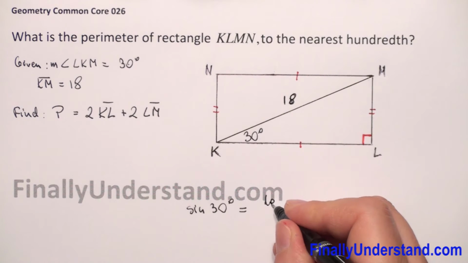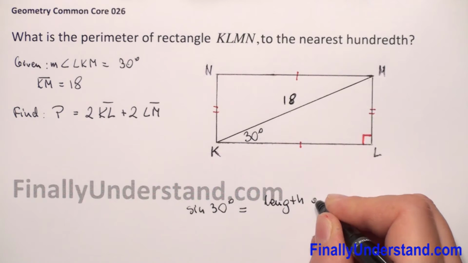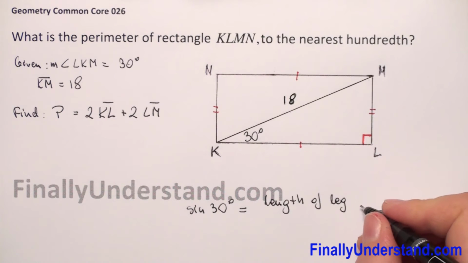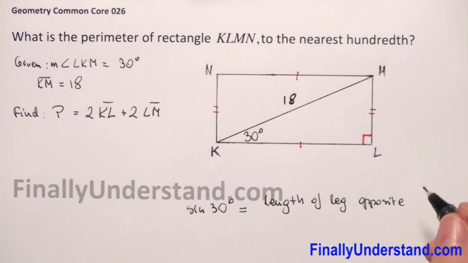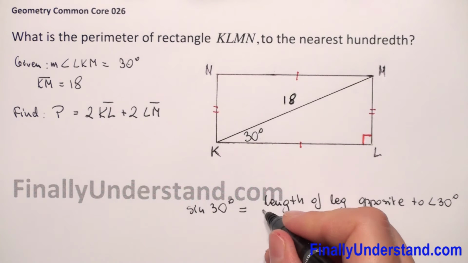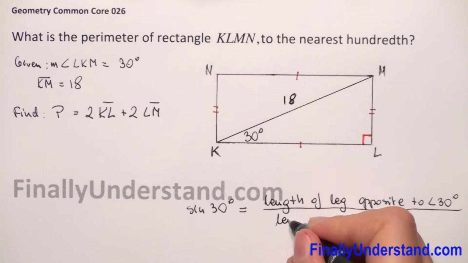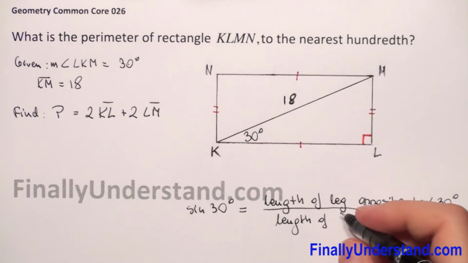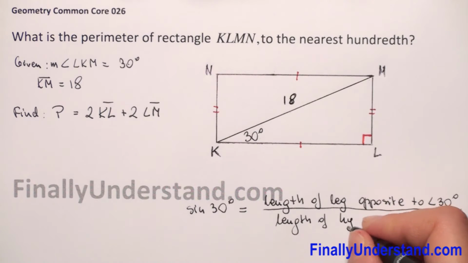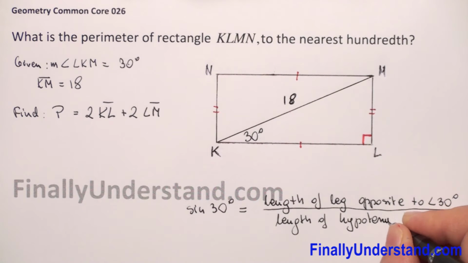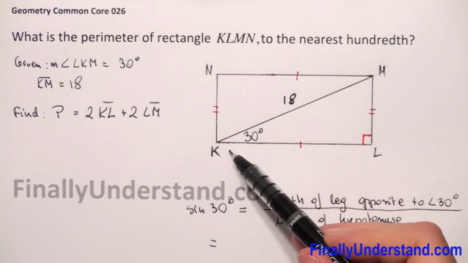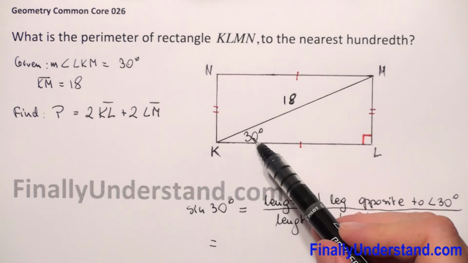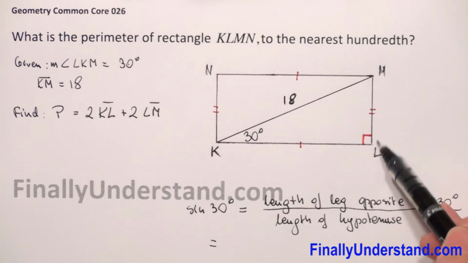So this is length of the leg opposite to our angle 30 degrees over the length of the hypotenuse. The opposite side to angle 30 degrees is LM.